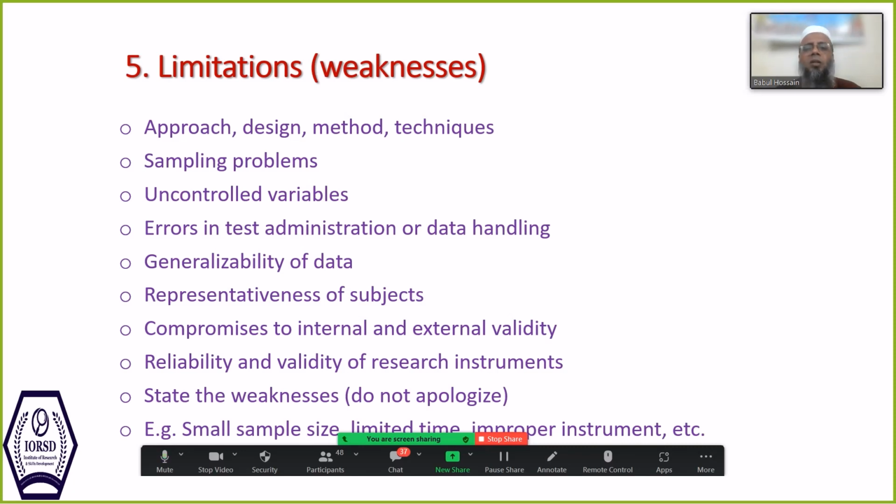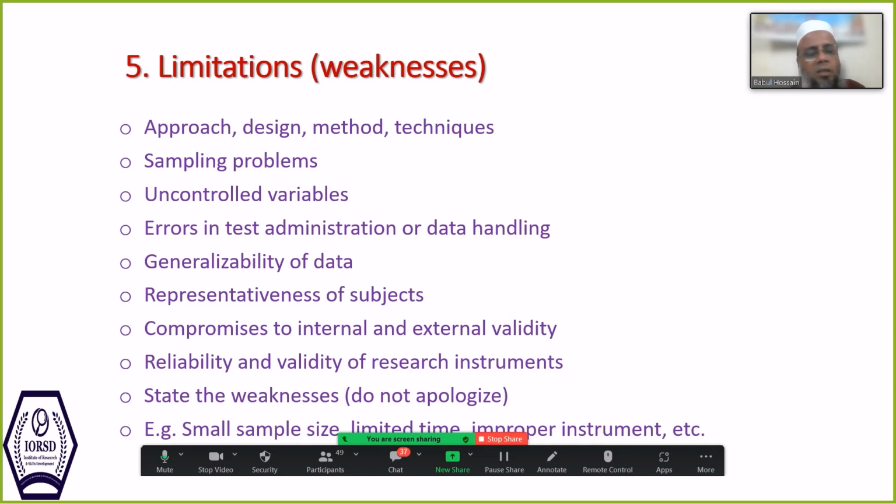Errors in test administration or data handling, generalizability of your data, representativeness of subjects, compromises to internal and external validity, and reliability and validity of research instruments. State the weakness, do not apologize, and note small sample size.